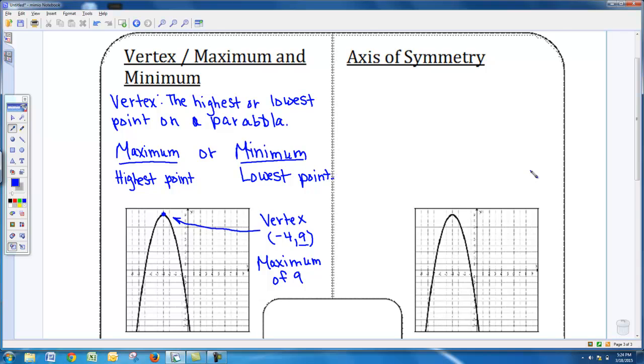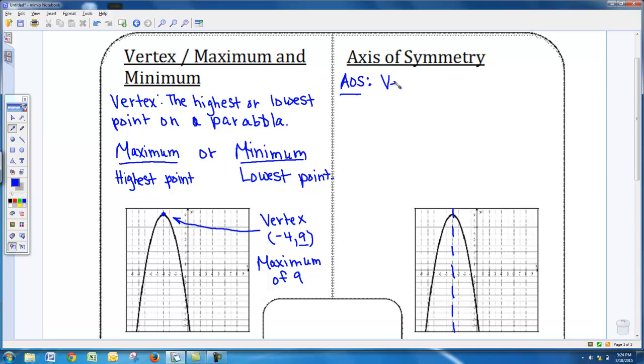Okay, a parabola also has an axis of symmetry. An axis of symmetry is just a vertical line that divides the parabola in half. Okay, and we can often refer to the axis of symmetry as the AOS for short.